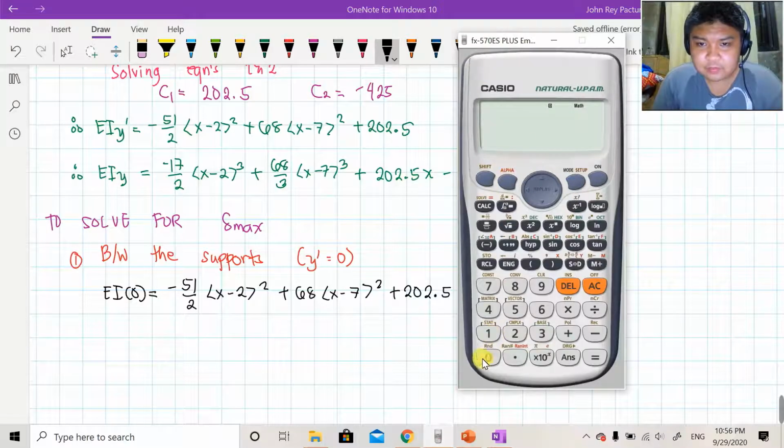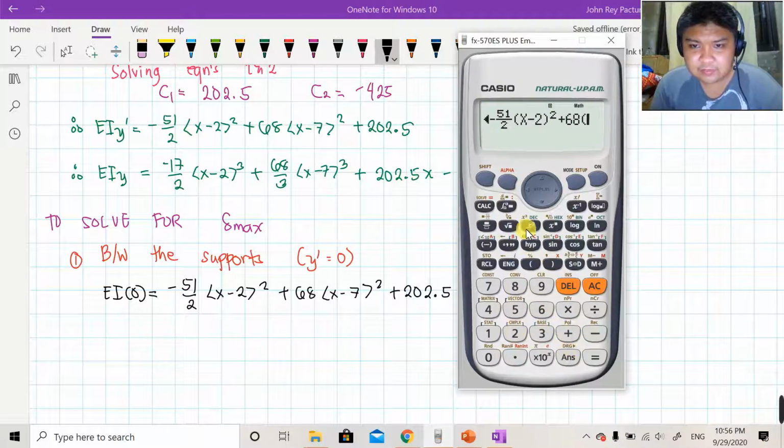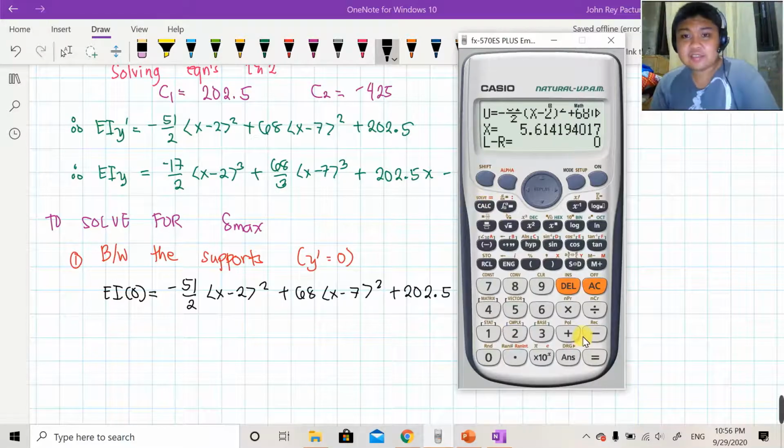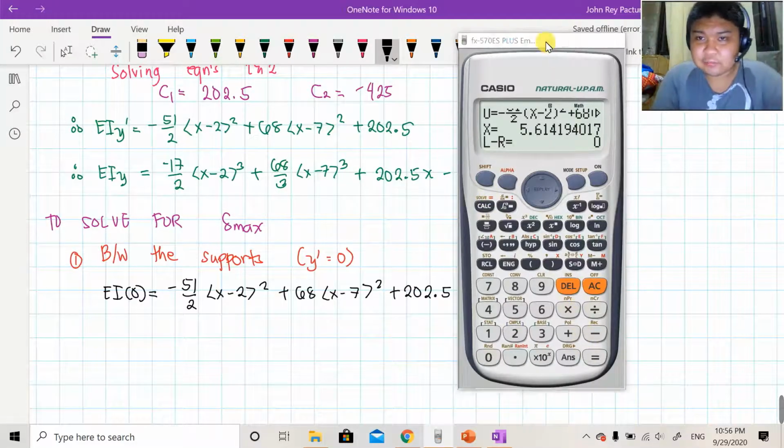So 0 equals negative 51 over 2 (x minus 2) squared plus 68 (x minus 7) squared plus 202.5. Ang makukuha nating sagot is 5.6142 meters.